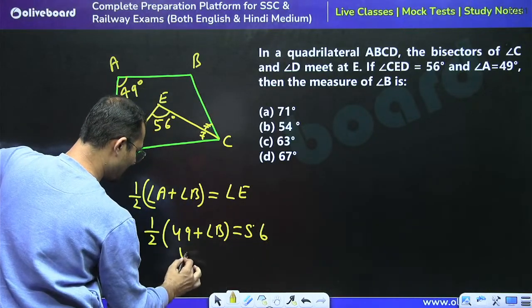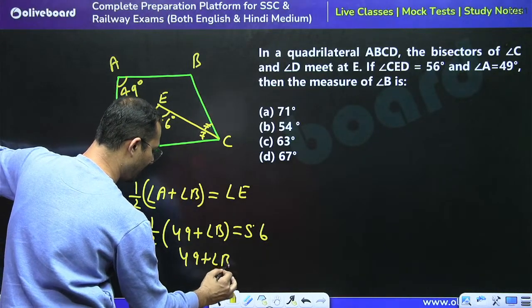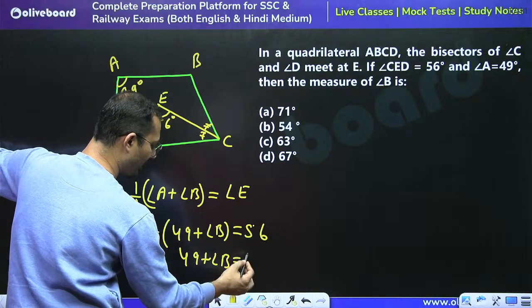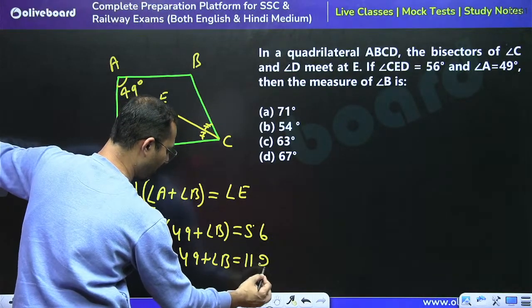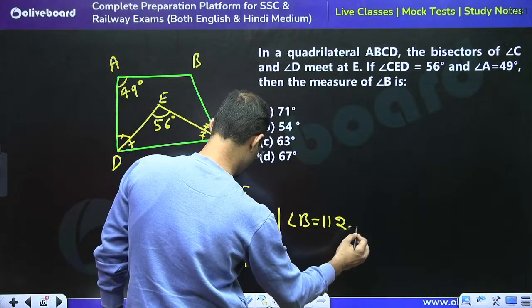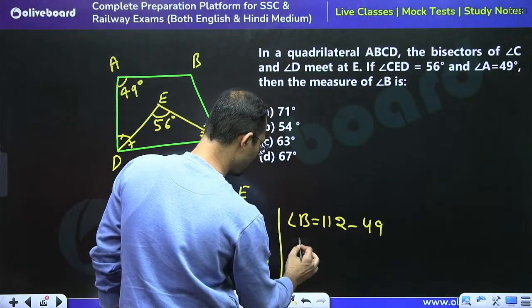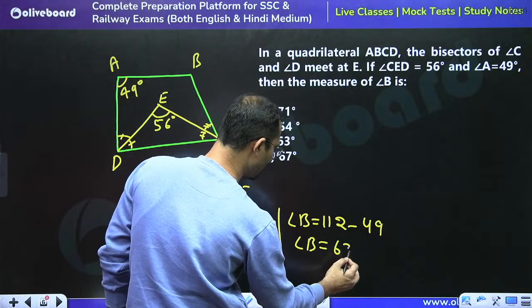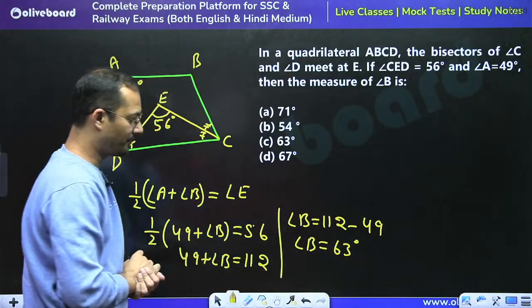So 49 plus angle B is equal to, just multiply by 2, 112. So angle B is equal to 112 minus 49, so angle B is equal to 63 degrees. Simple, right?